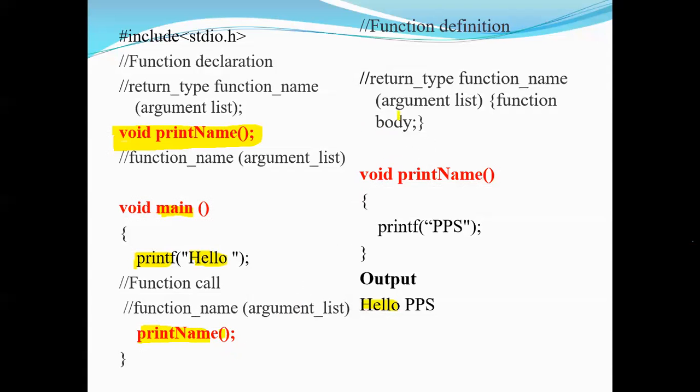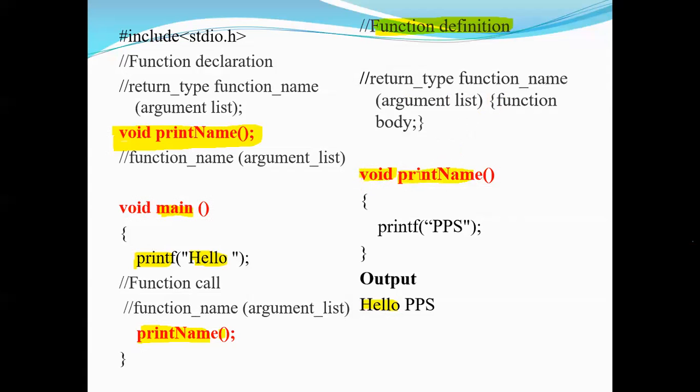Now the function definition. A function definition should be the return type, function name, argument list, and then open and close braces with the function body within. Here the return type is void, meaning it returns nothing, and the function name is print name.